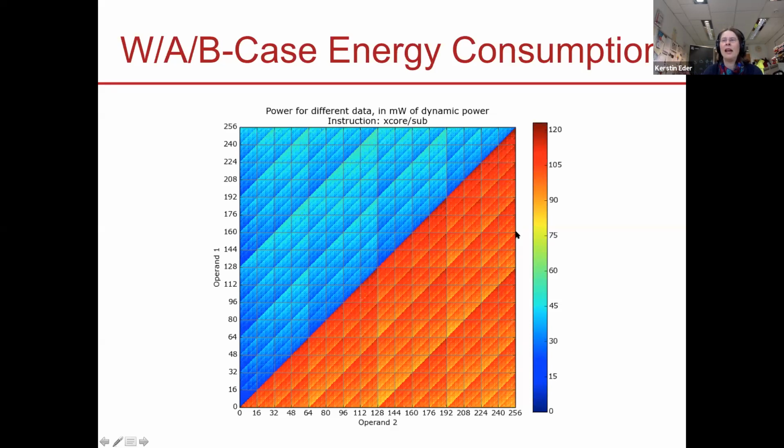Why is that? Anyone, any idea as to why that might be? What's happening here? Any ideas? Carries? Yeah, high bits are inverted, yes. Switching activities, very good. You're on the right track.